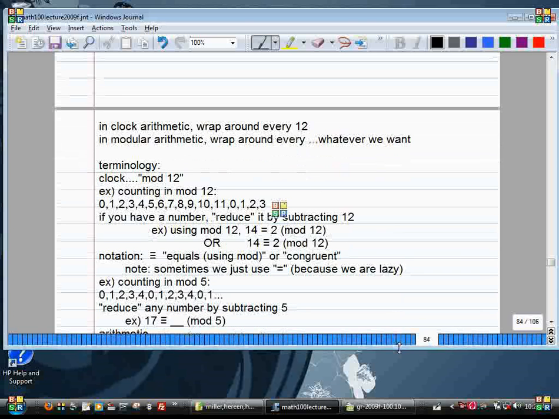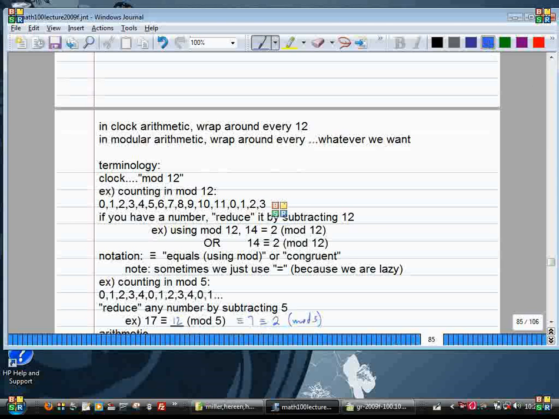So for example, 17 is equal to what mod 5? It's equal to 12, and then what is 12 equal to? Right. It's equal to 7, which is then equal to 2. Okay. So what we did here is we reduced a bunch of times.